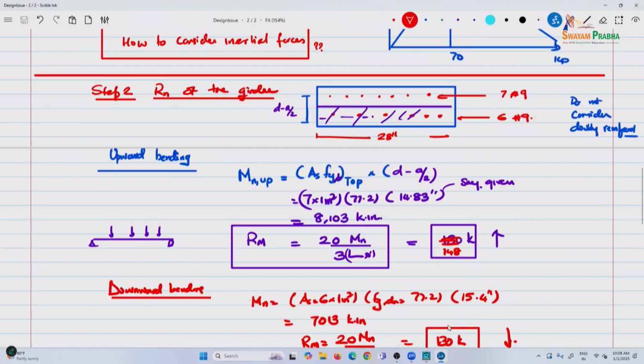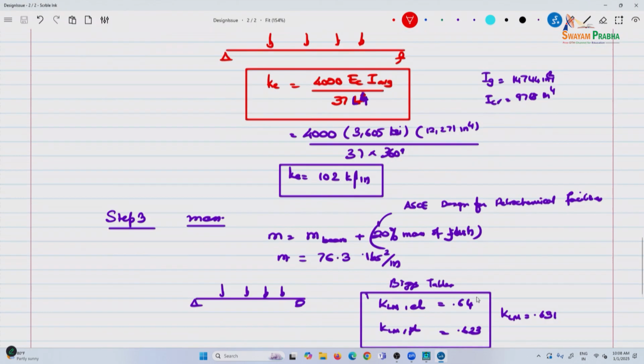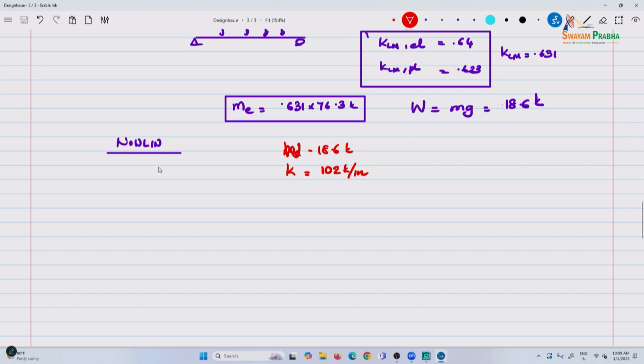What I get here from non-lin, the spring force was how much? 76.22, I think. So, this is your reaction, and that is the peak value.